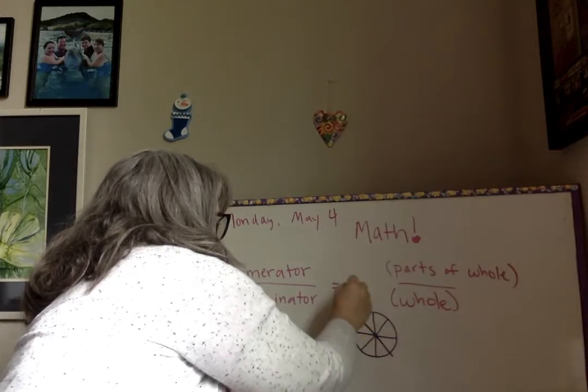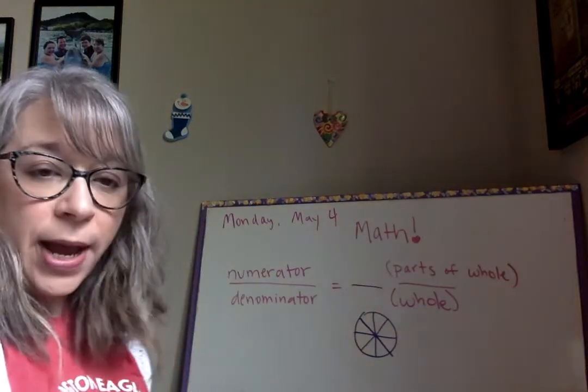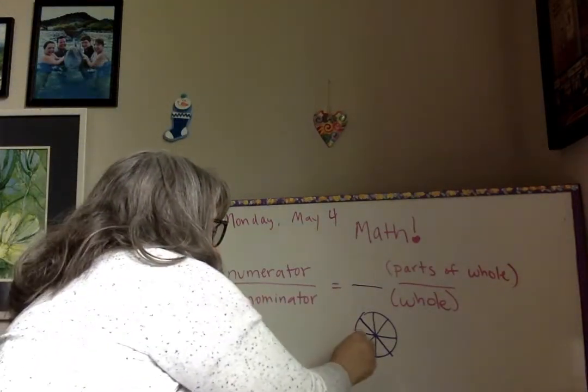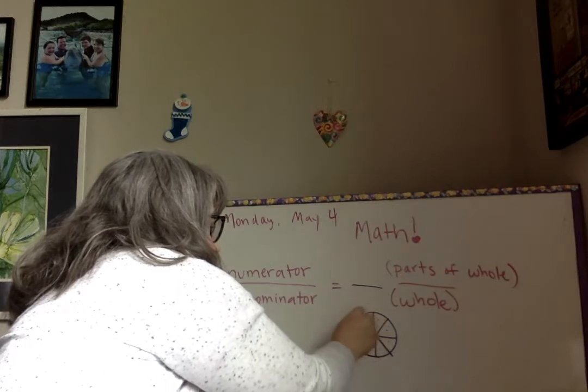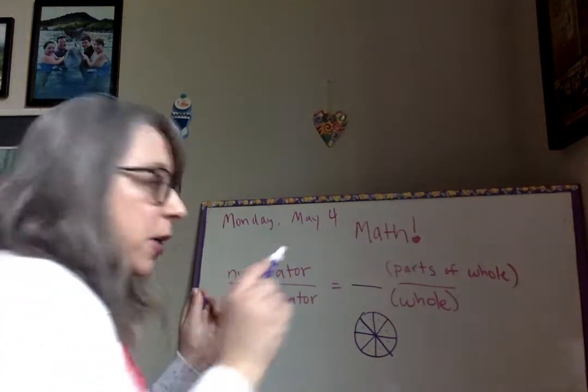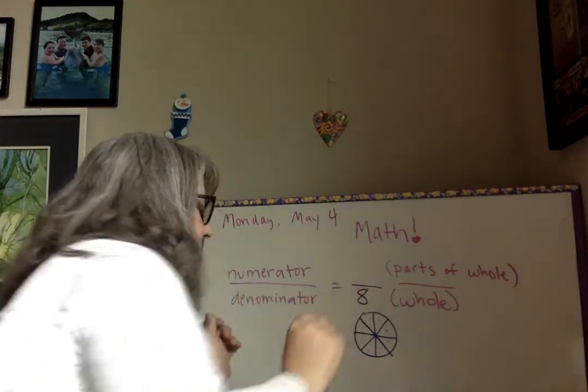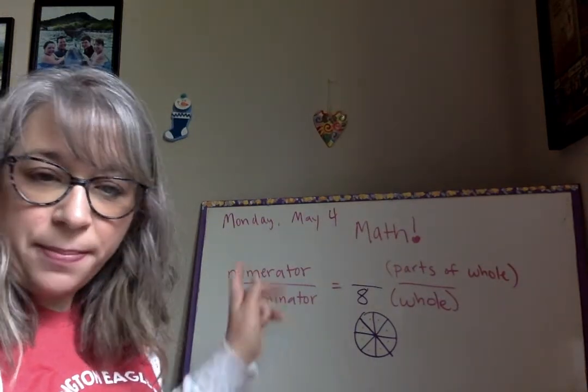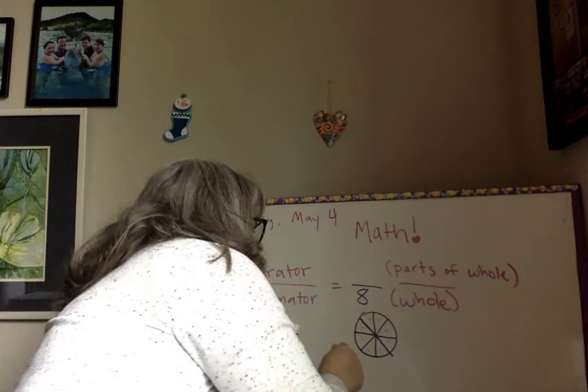All right, so now we have a lot more pieces to our whole, huh? Let's count. 1, 2, 3, 4, 5, 6, 7, 8. We have 8 parts to our whole. Now I'm going to shade in part of it, and then I want you to tell me what will be our parts.